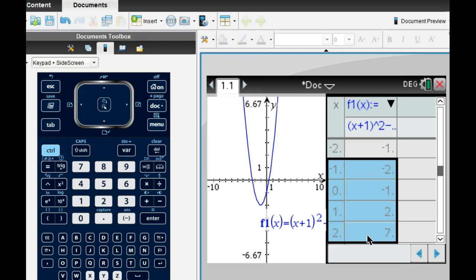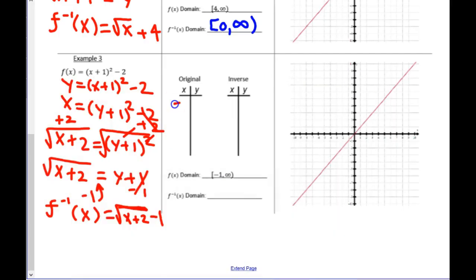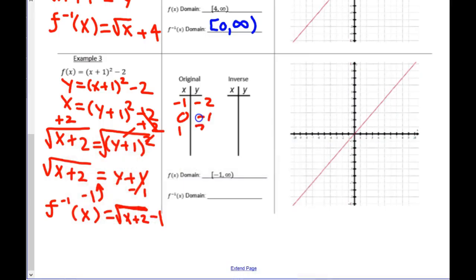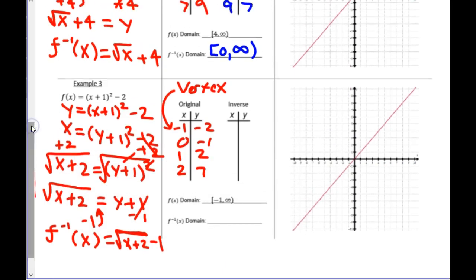Negative 1, negative 2. Zero, negative 1, 1, 2, and then 2, 7. So once again, this is my vertex. Same thing up here. Goodness gracious.